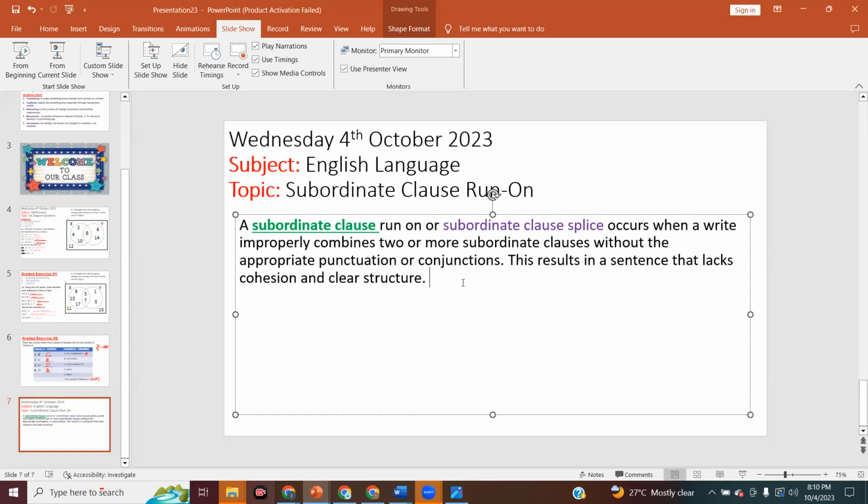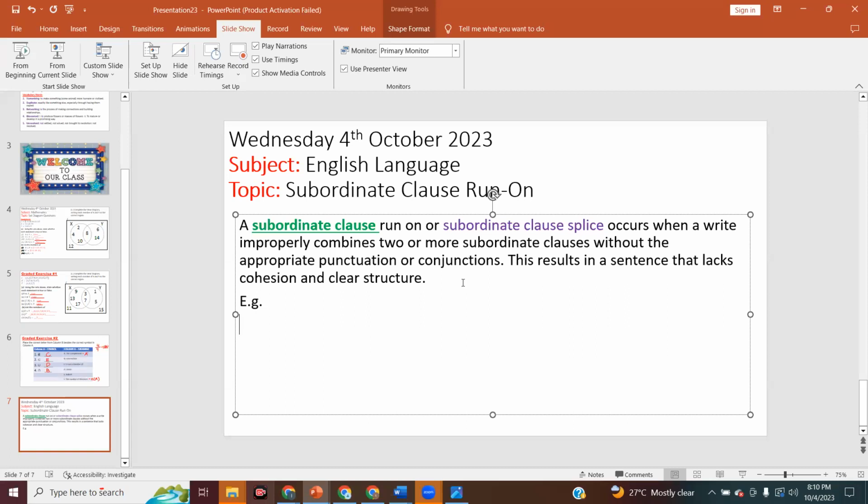All right. So let's look at the first example. I'm going to put this sentence inside the chat, okay?